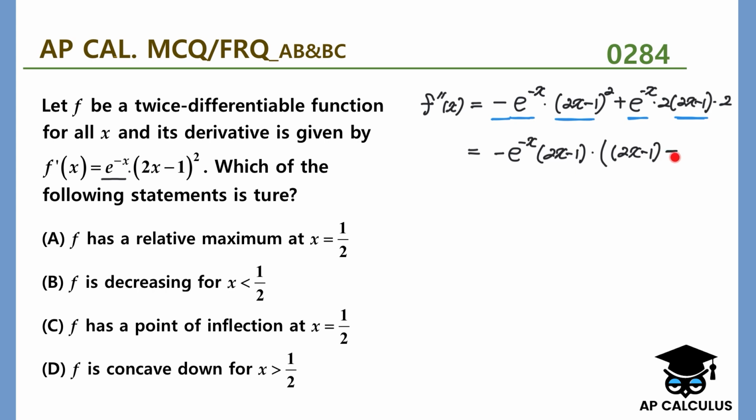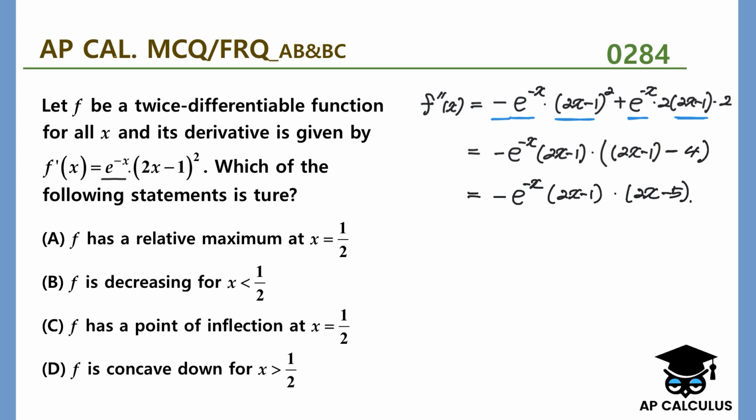And e to the negative x is right here, (2x minus 1) is right here, so 2 times 2, that's 4, right? So let's simplify this. It's negative e to the negative x, we have (2x minus 1), and this one, 2x minus 1 minus 4, that's 2x minus 5, right?